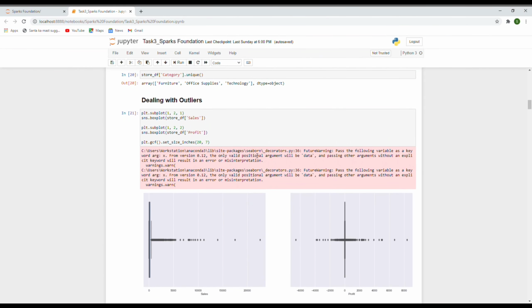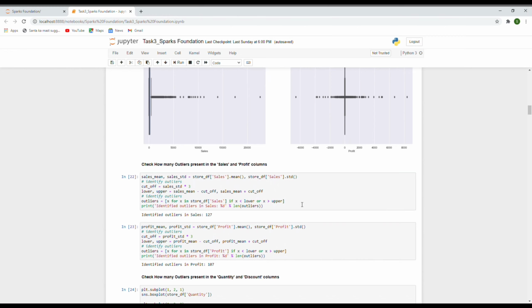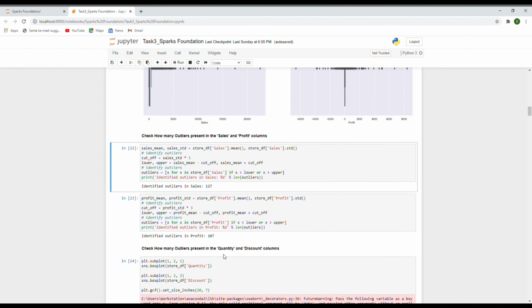Now the important part is to deal with the outliers. Using box plots, we have observed that sales and profits have outliers. So we have identified these outliers. The identified outliers in sales are 127 and in profit are 107.